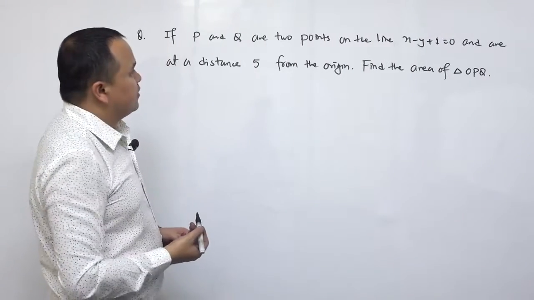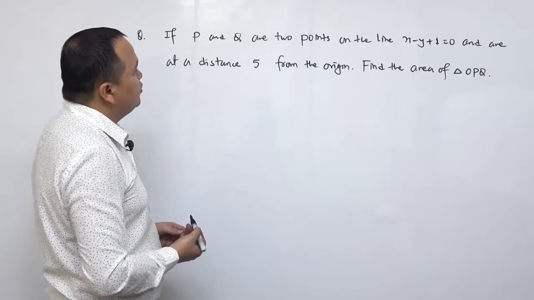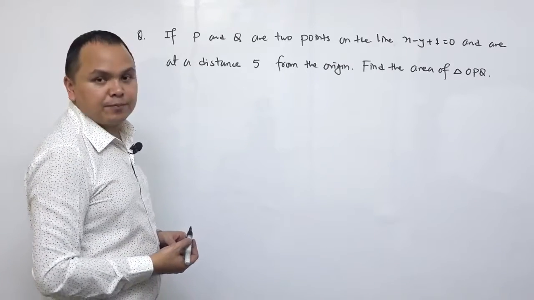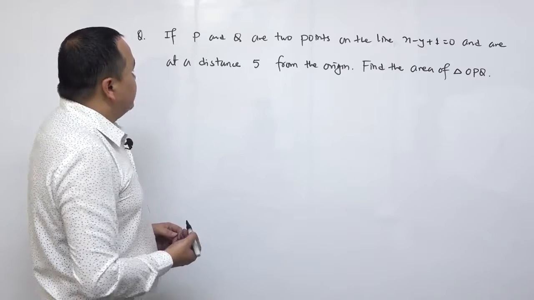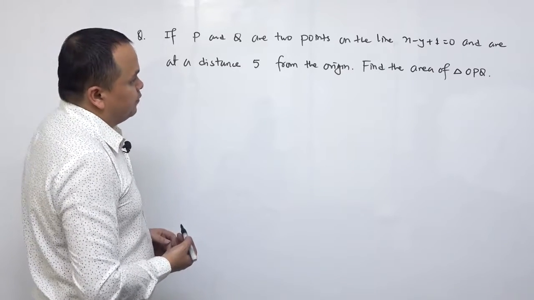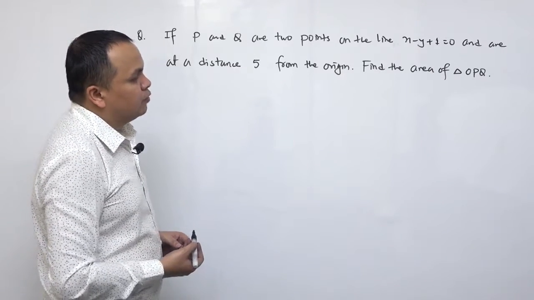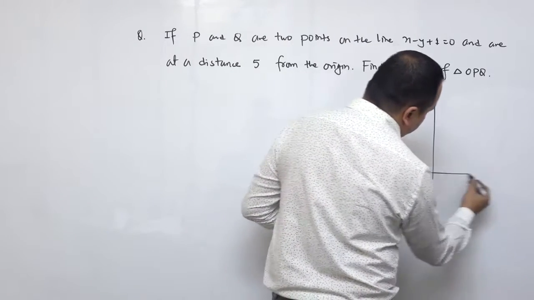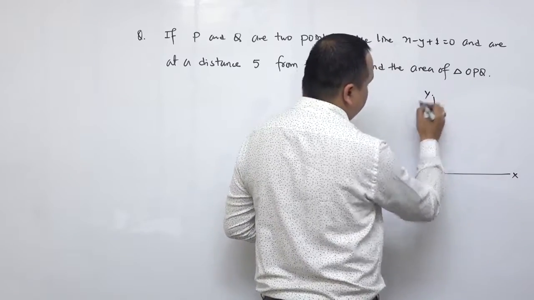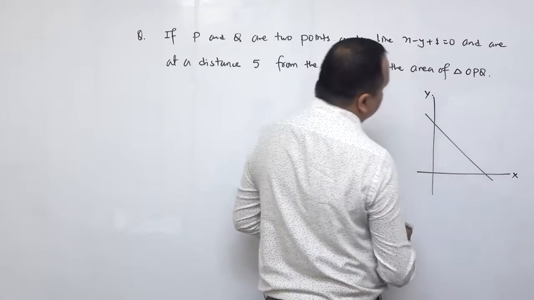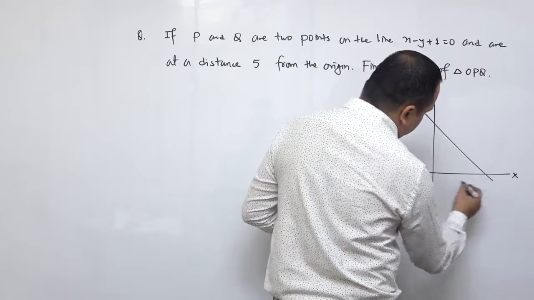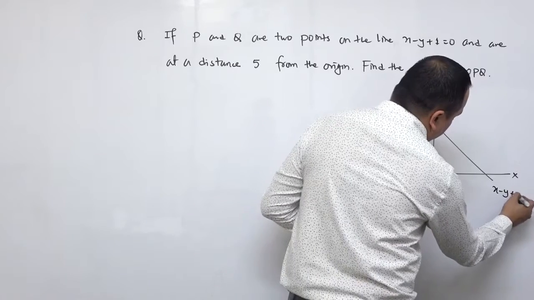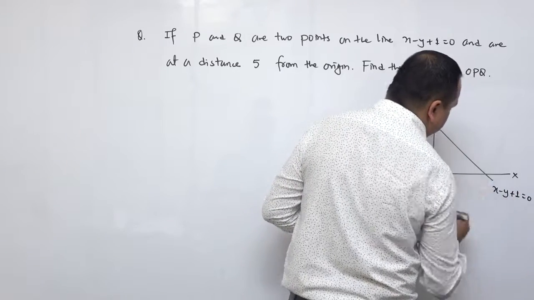Okay, we take another example. If P and Q are 2 points on the line x minus y plus 1 is equal to 0 and are at a distance 5 from the origin, find the area of triangle OPQ. Here the equation of the straight line is x minus y plus 1 is equal to 0.